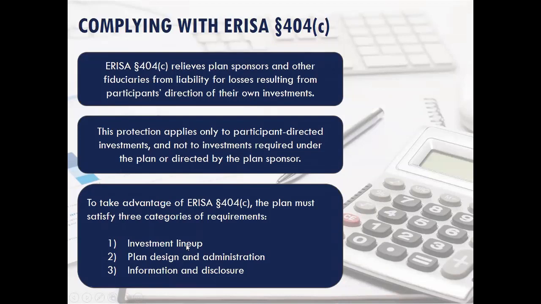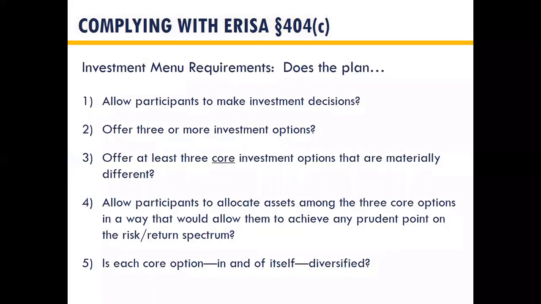Investment lineup. There are some specific requirements from ERISA for the number of investments and for kind of what the composition of those is. You've also got certain plan design and plan administration considerations, and then there are some information and disclosure considerations, and the information and disclosure considerations are really important.